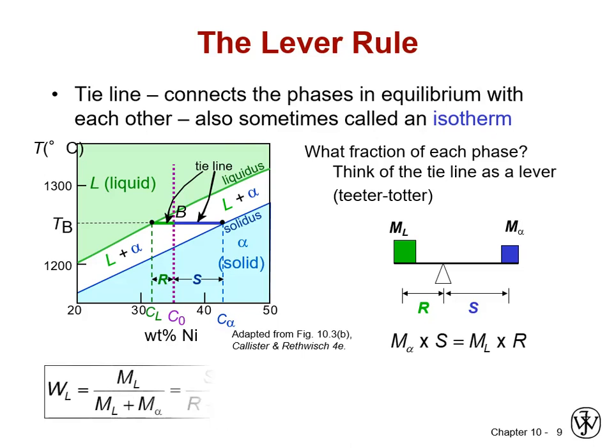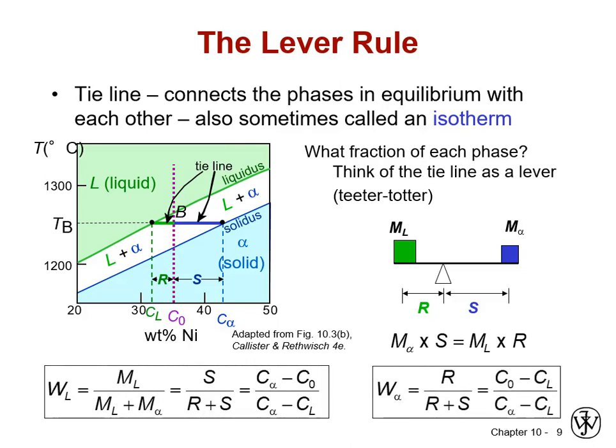So just a little picture of the lever rule to get our relative amounts of phases. You can see that the R and the S that we've divided our tie line into are denoting the relative fractions of alpha and liquid, and they have to balance composition versus relative amounts.